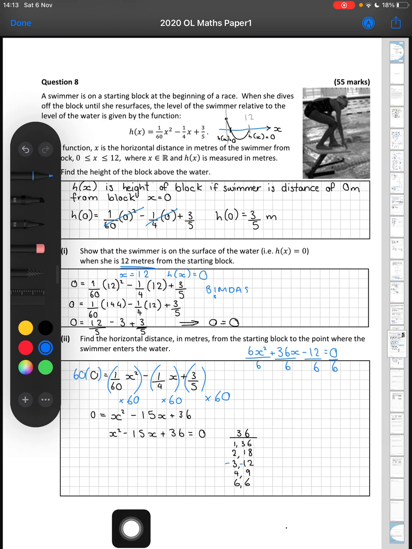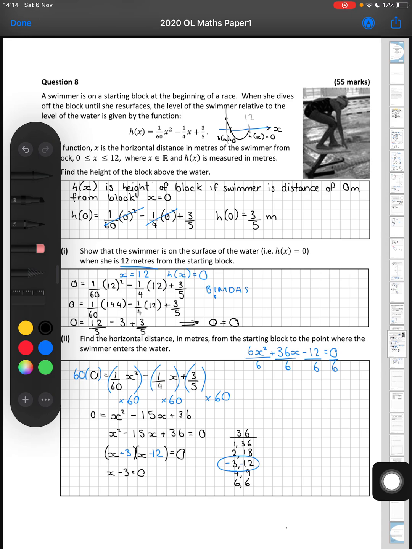They multiply to give a plus, which means I need either a plus and a plus, or a minus and a minus. To add to give minus 15, I have to use a minus and a minus, so I'm going to use minus 3 and minus 12. I open my brackets to factorize, put x as the first term in both brackets, and then minus 3 and minus 12.